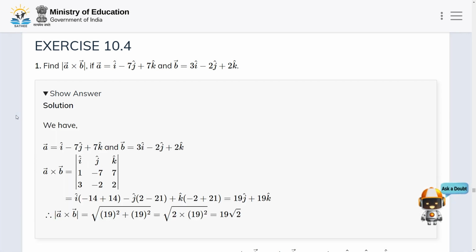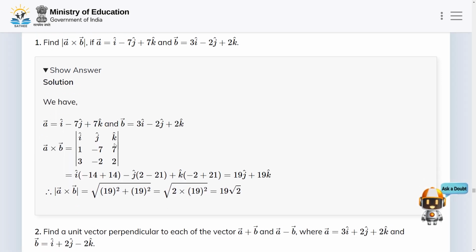As you can see, we have done the same thing as I have already told you. Now the determinant will be i hat times 2 multiplied by minus 7, minus 14. Minus of minus 14 gives you plus 14. Now minus j hat times 2 minus 21, plus k hat times minus 2 plus 20.